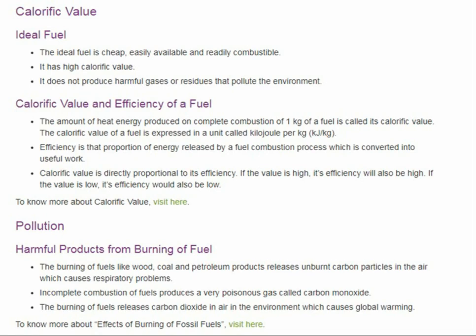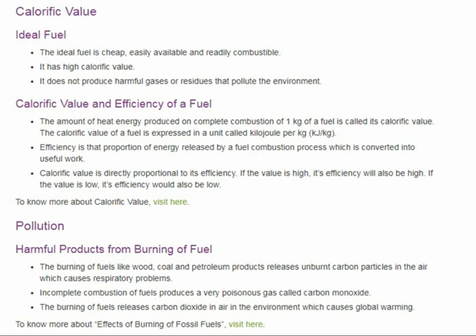Now, the caloric value and efficiency of fuel. The amount of heat produced by the complete combustion of 1 kg of any kind of fuel is known as caloric value. The caloric value of the fuel is expressed in a unit known as kilojoule per kg or kJ/kg. Efficiency is the proportion of energy released by a fuel combustion process which is converted into some useful work.